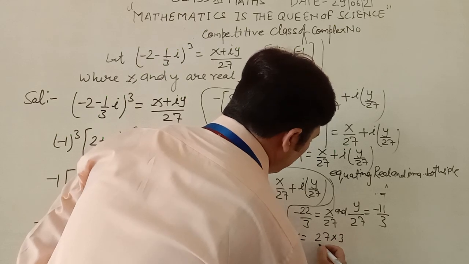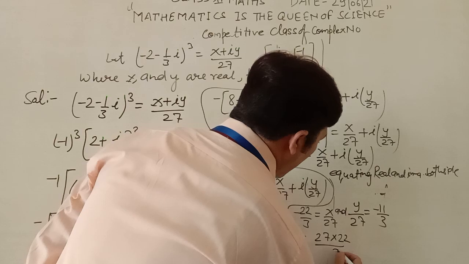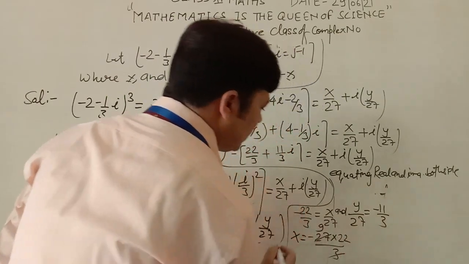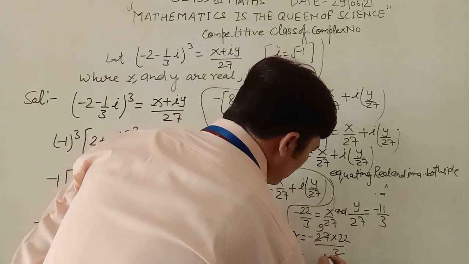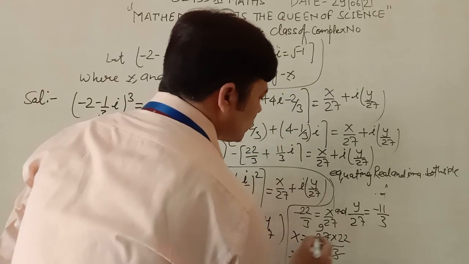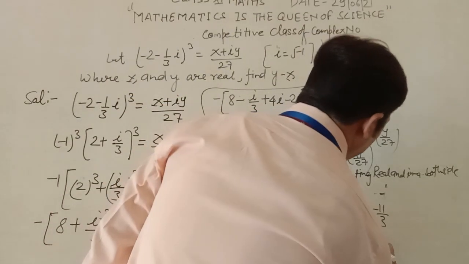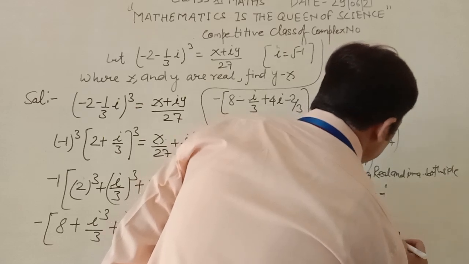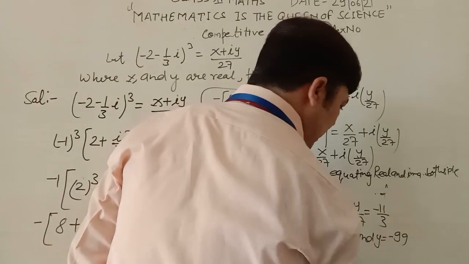Here the value of x is equal to 27 into 22 upon 3, which is minus 198, and y is equal to minus 99.